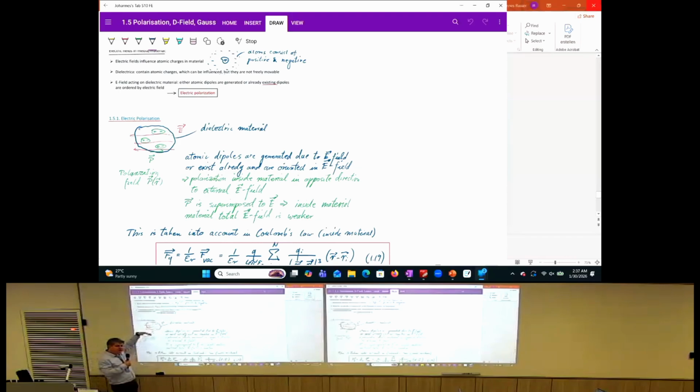But in consequence, you can think of this section here that has also some electric field by itself.